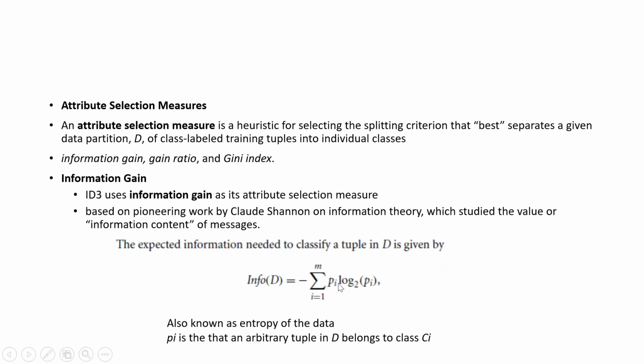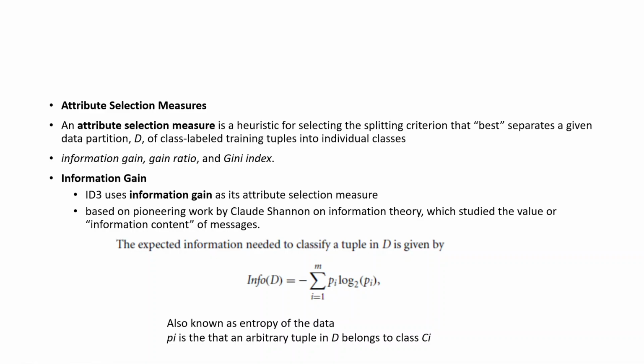If you look at a particular data set, what is the probability of those who want to buy a computer and those who do not? Those are the two classes we have. Why we are taking the log is because information is always represented in terms of bits. So log p_i represents the number of bits needed for representing information.